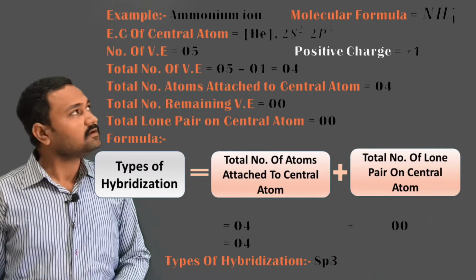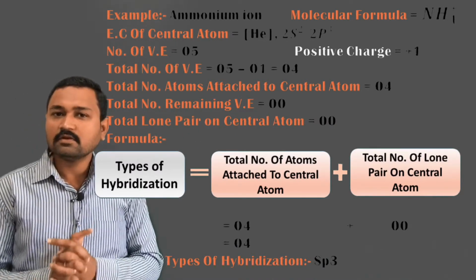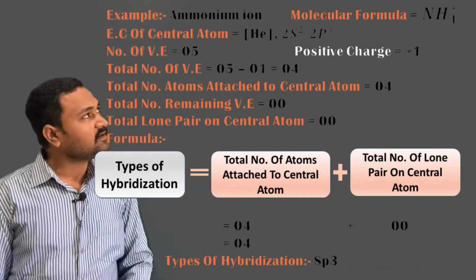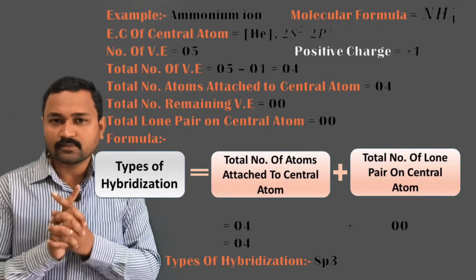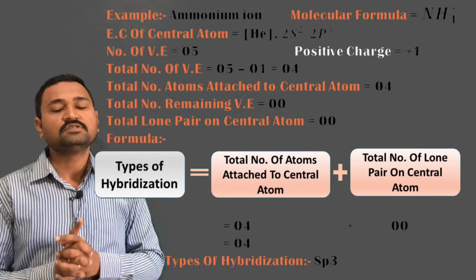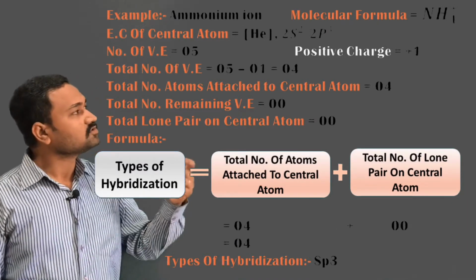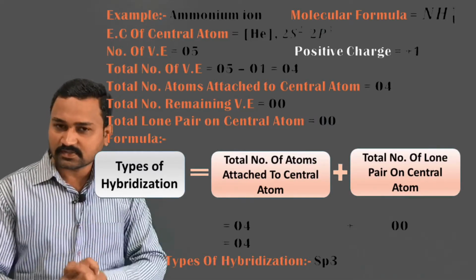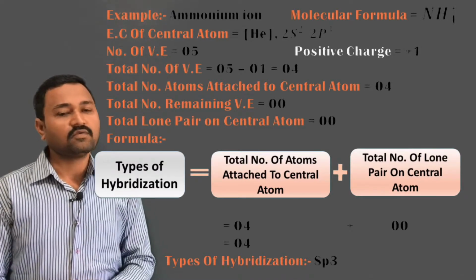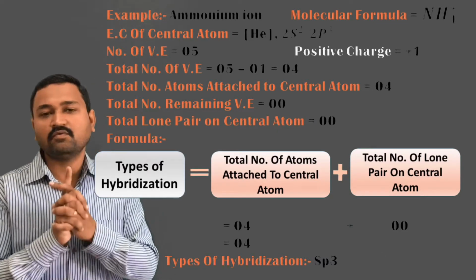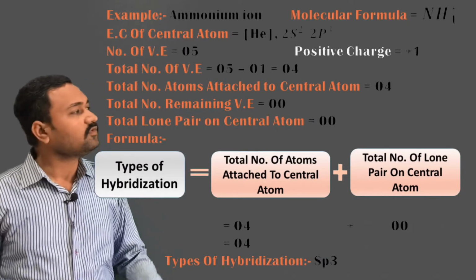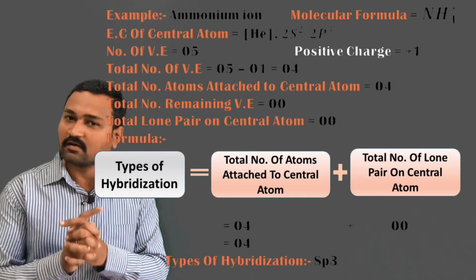But again, you know that the ammonium ion is a polyatomic cation and it has a +1 charge. Therefore, we have to calculate the total number of valence electrons present in the ammonium ion. The total number of valence electrons will be 5 minus 1, as it exhibits a 1 positive charge. Therefore, the total number of valence electrons becomes 4.